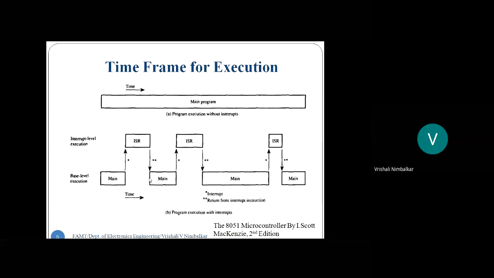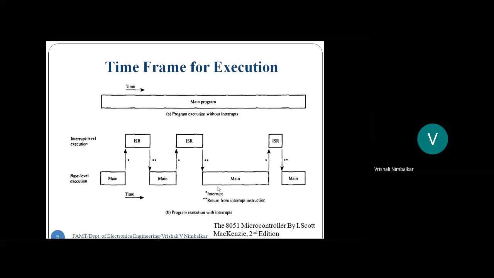Executes the further main program. Again, on arrival of another interrupt, it jumps to the ISR, executes the ISR, returns back to the main program and continues with the execution of the main program. Again, on arrival of an interrupt, next, and next. So that's the time frame when interrupts arrive.